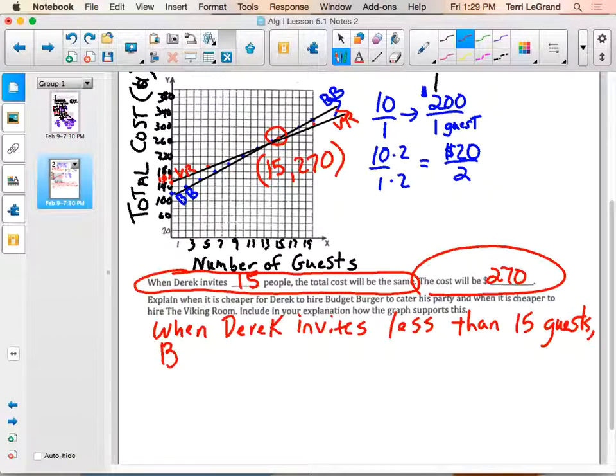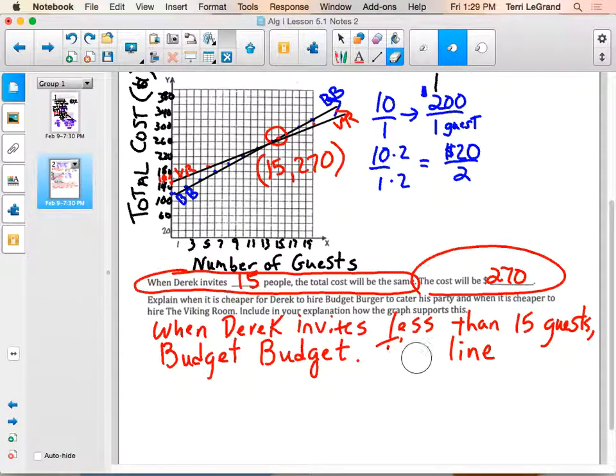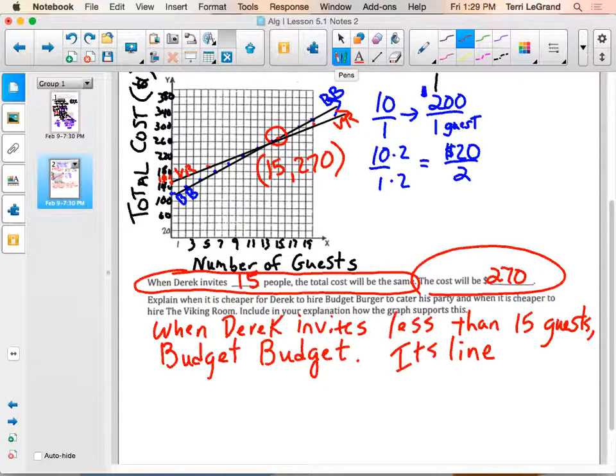Budget Burger is cheaper. And we're going to say the line. Maybe we should say its line, so we know what line we're talking about. We're talking about Budget Burger's line. Its line, and that's not possession. There's no apostrophe there. We don't say it is line.